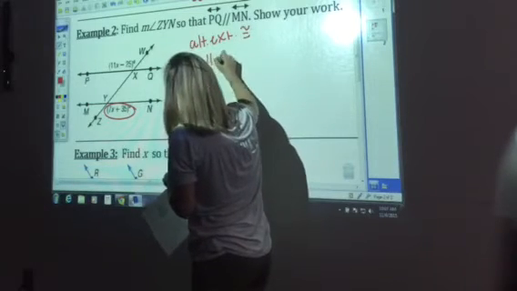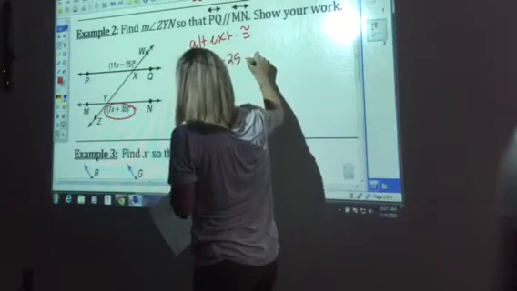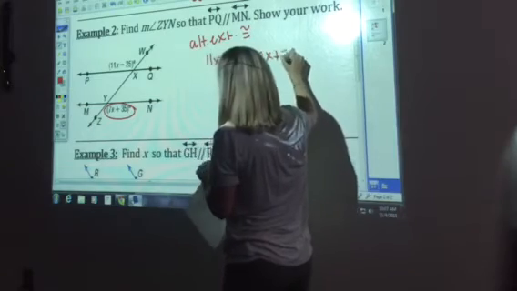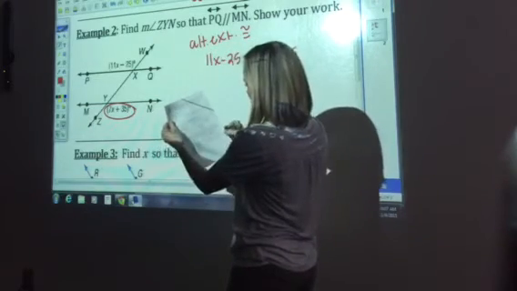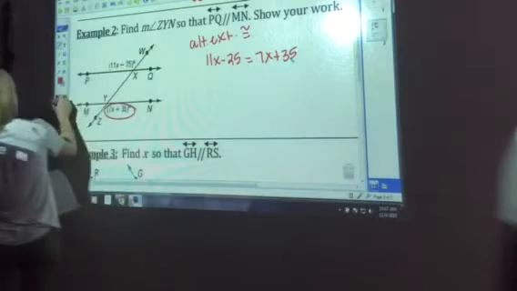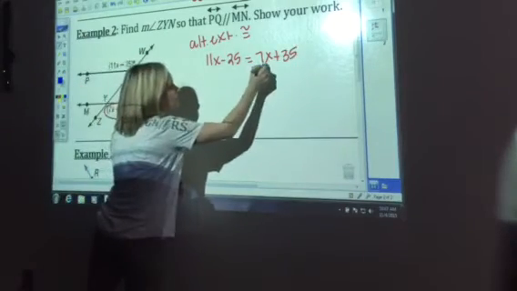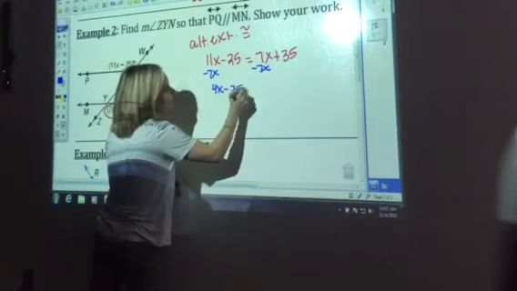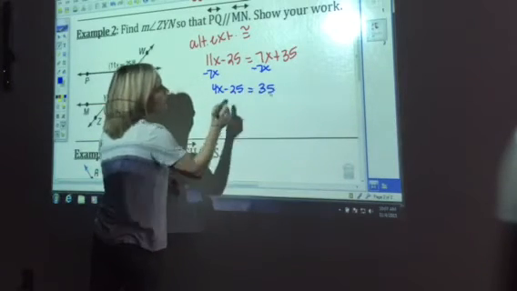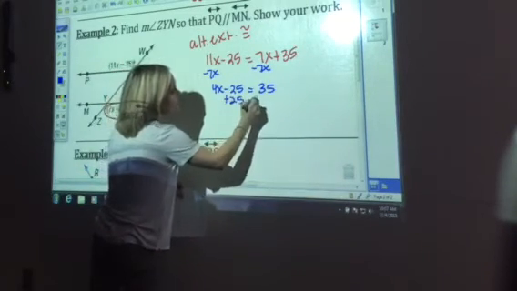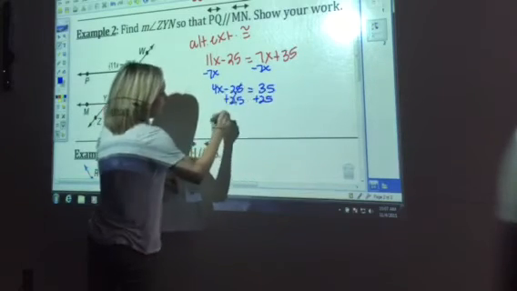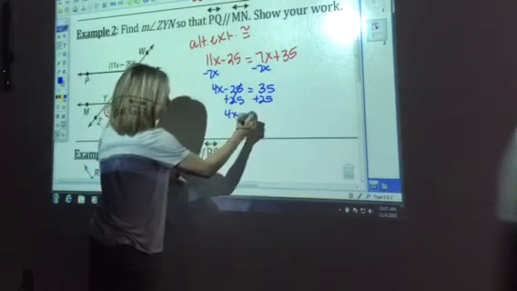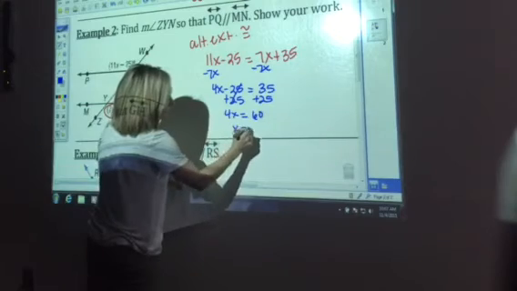So we have 11x minus 25 is equal to 7x plus 35. Let me double check and make sure I wrote down the right numbers. Yeah, okay. All right, so then if I subtract 7x, I get 4x minus 25 is equal to 35. When I add 25, I get 4x is equal to 60, so x is equal to 15.